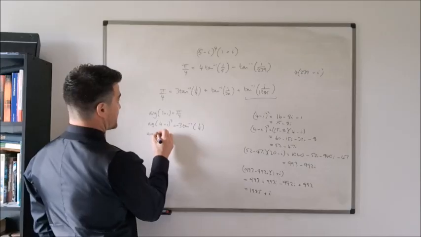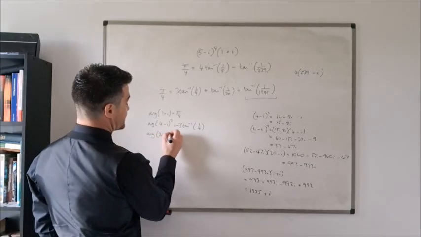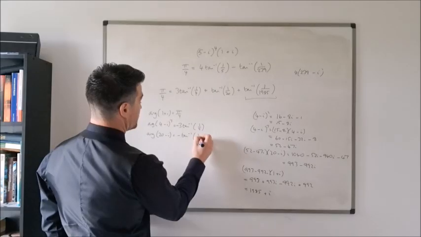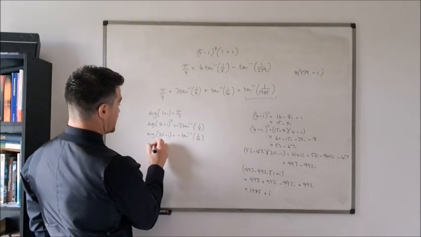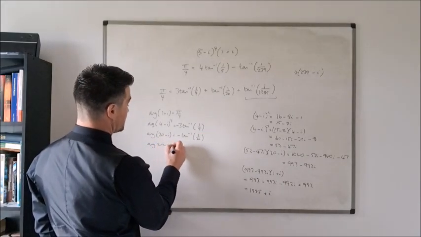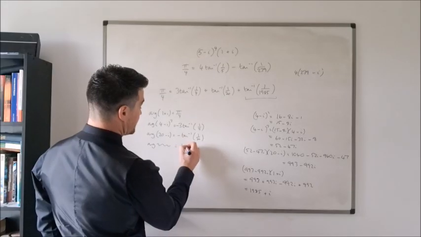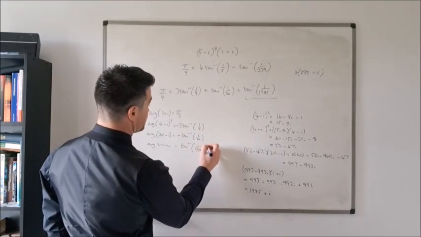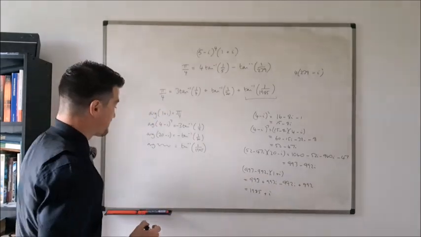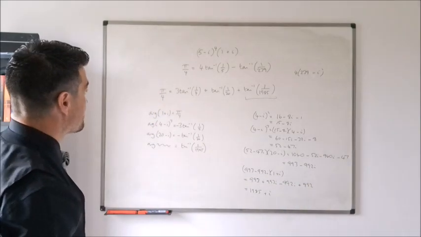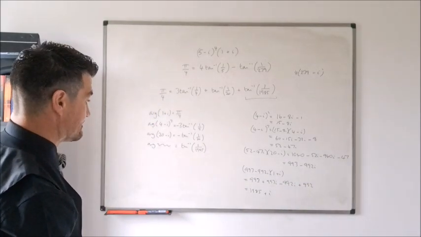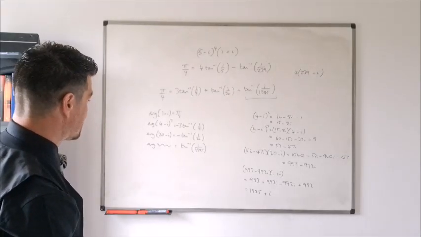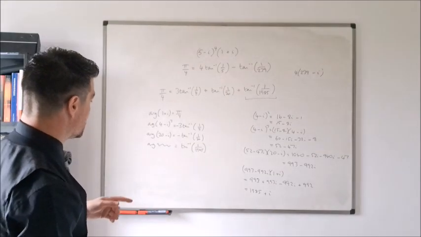The argument of 20 minus i is equal to minus inverse tan of 1/20th, and then the argument of the whole lot is going to be inverse tan of 1 over 1985. Hope that's right.